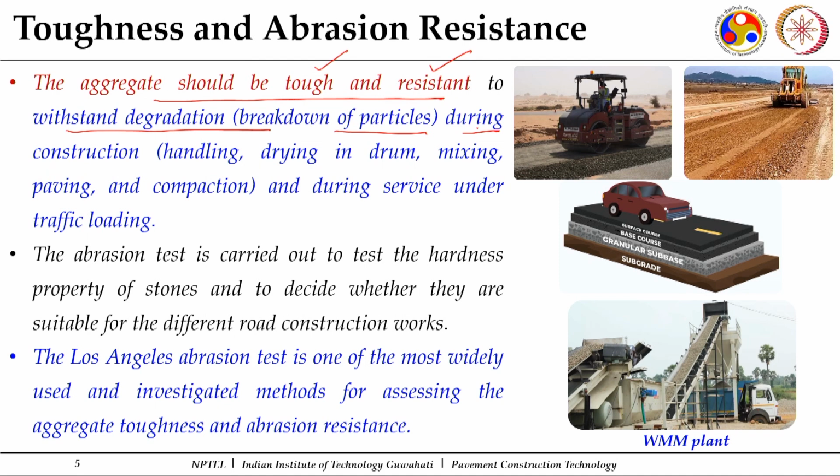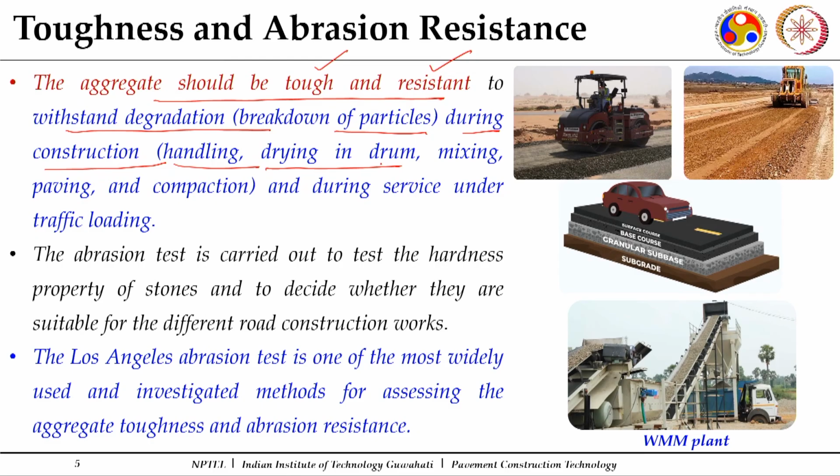And when can this happen? This can happen during the construction, that is when you are drying the aggregate, handling the aggregate. Handling means from the aggregate crushers, the stockpiles are there, and from the stockpiles they are transferred to the plants. So, there the handling of the aggregates is there, then you dry them.